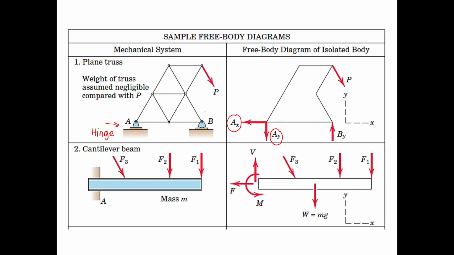Now the other one is a roller support. So this one is a roller. This is just one vertical reaction support. That's why it only has a vertical component. Then you have the external force P.